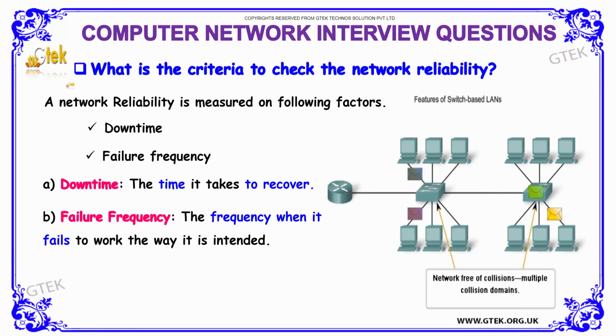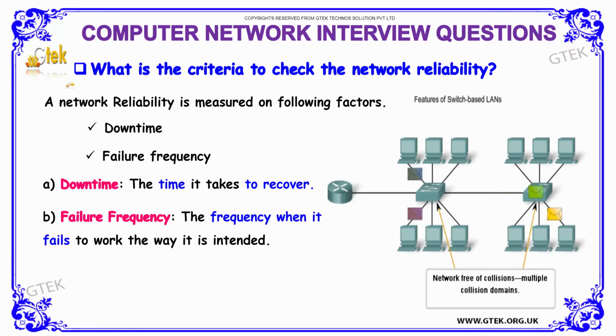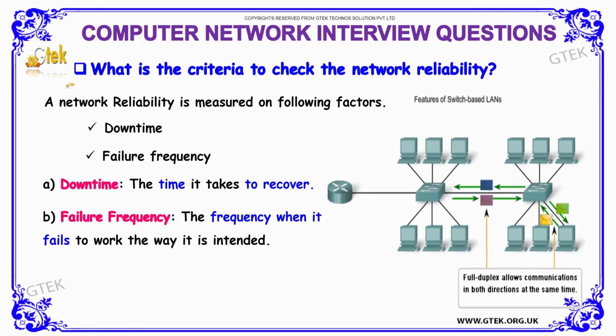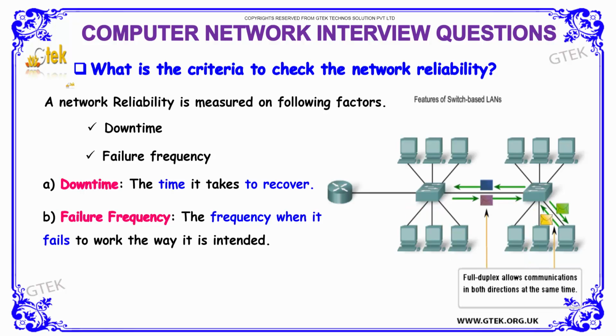Downtime is nothing but the time it takes to recover from a failure, whereas failure frequency is the term used to define how frequently the network fails to work the way it is intended to. So these are the two criteria to check whether the network is reliable for transmission of data or not.